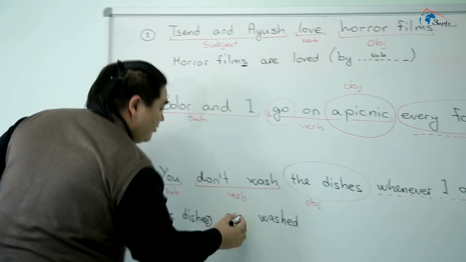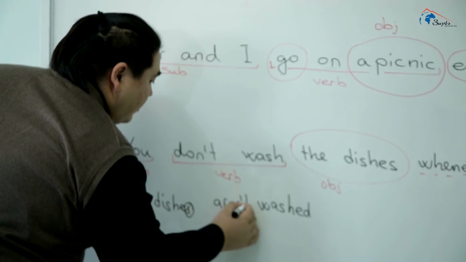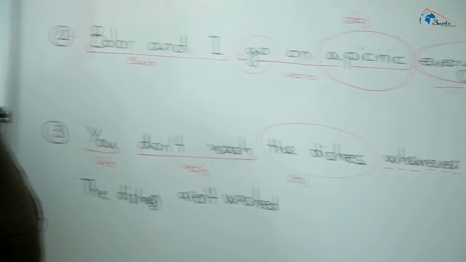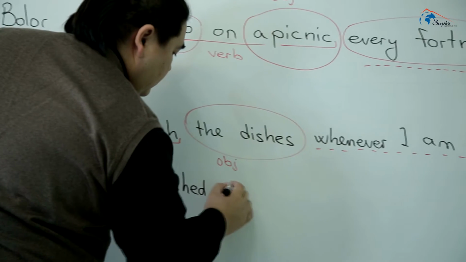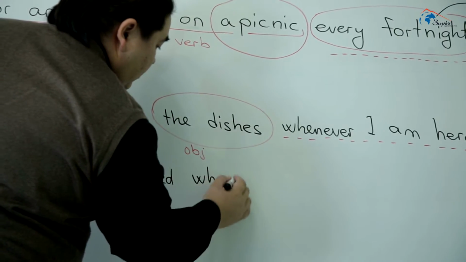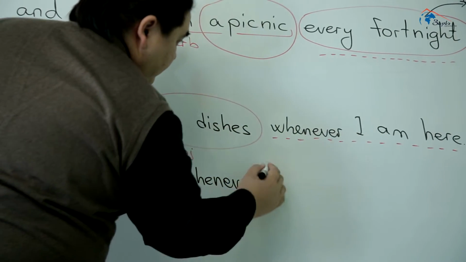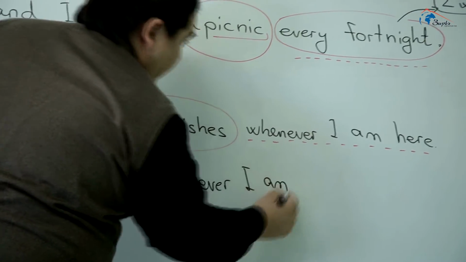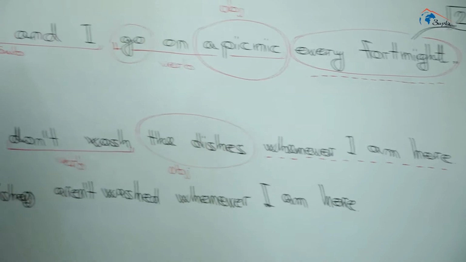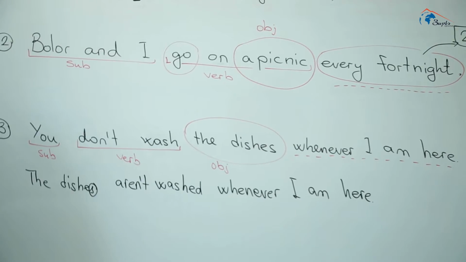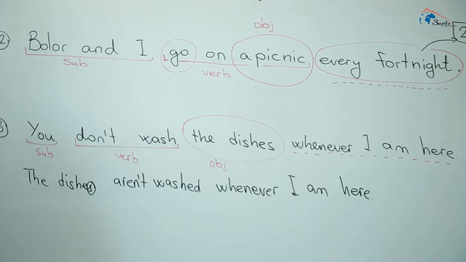So here we have aren't washed. Okay, so the dishes aren't washed whenever I am here. So this one is the sentence.